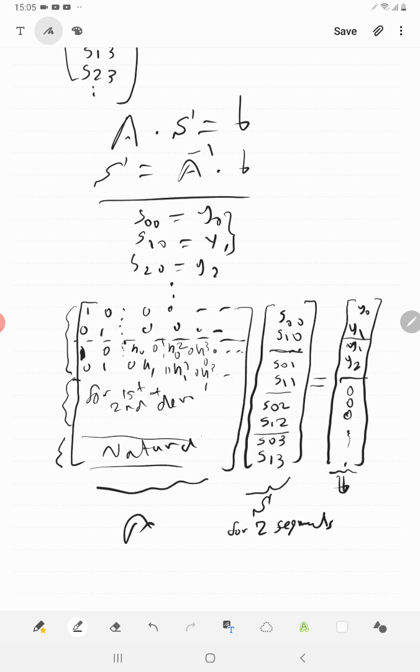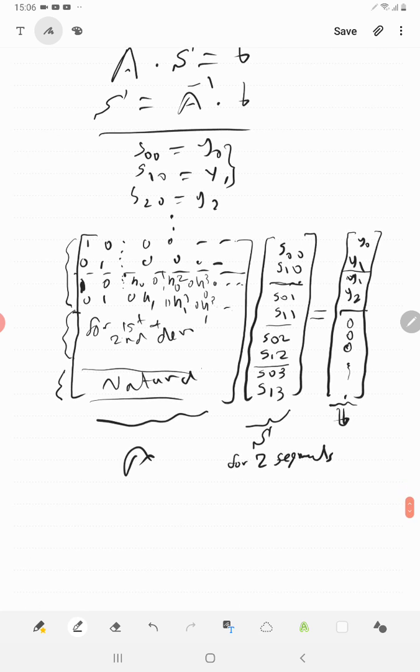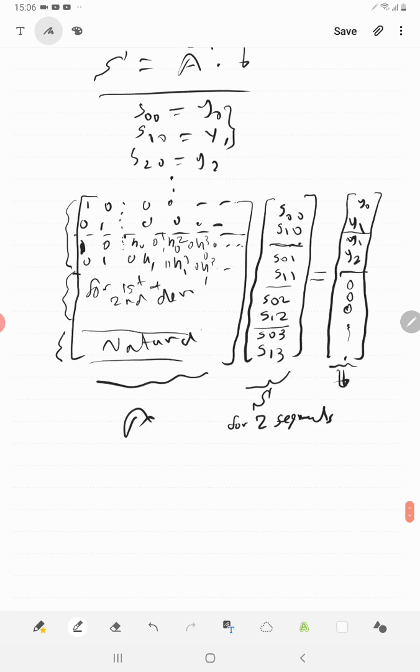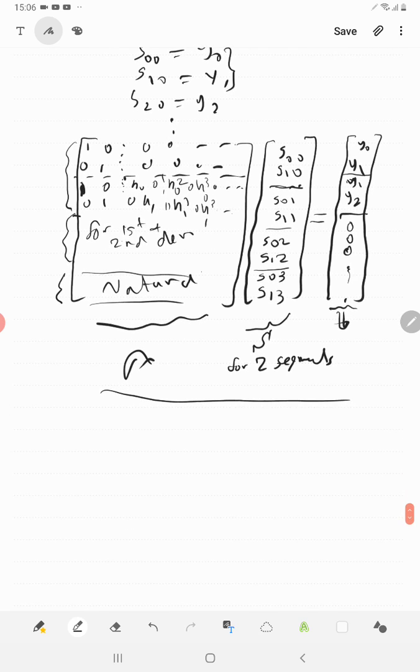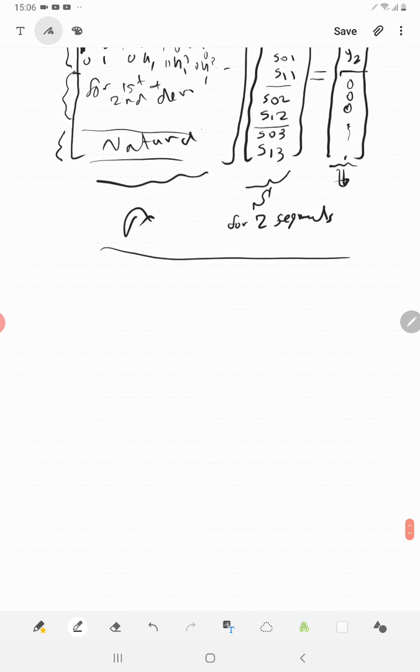Now I have made a program. I'll show it to you through MATLAB, okay. I want you to practice this program. I will upload it to you. But for the moment, let's go to MATLAB and see how we did that.